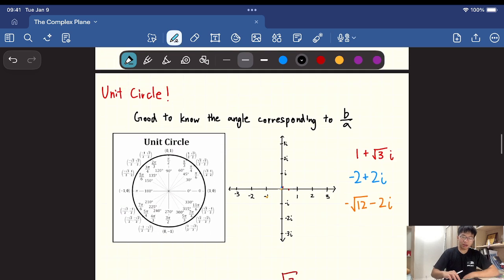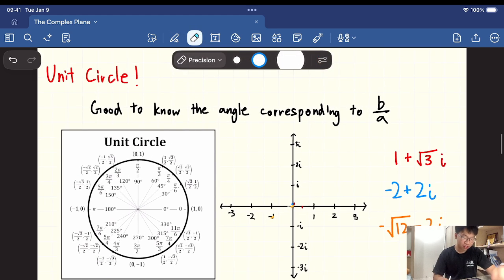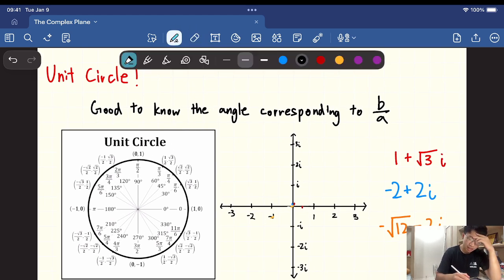All right, and why do we need to know this? Because on the first test you'll be given a unit circle, but you're not going to have it on the second test. So I think it's good for me to give you guys some idea of familiarizing yourself with the unit circle.